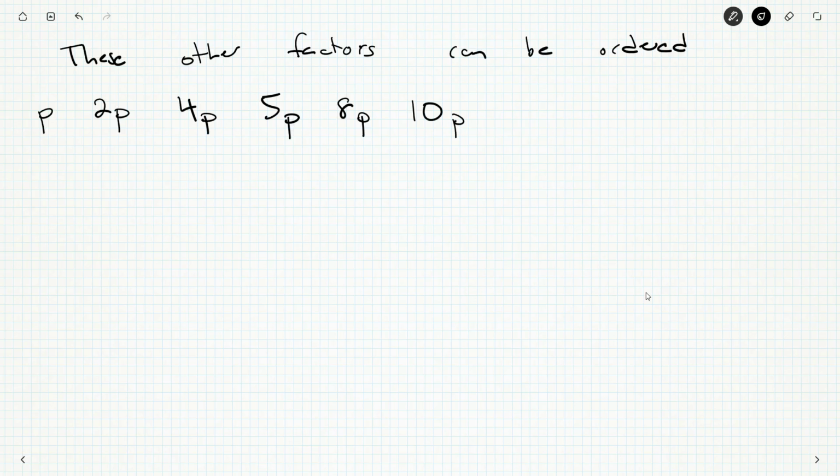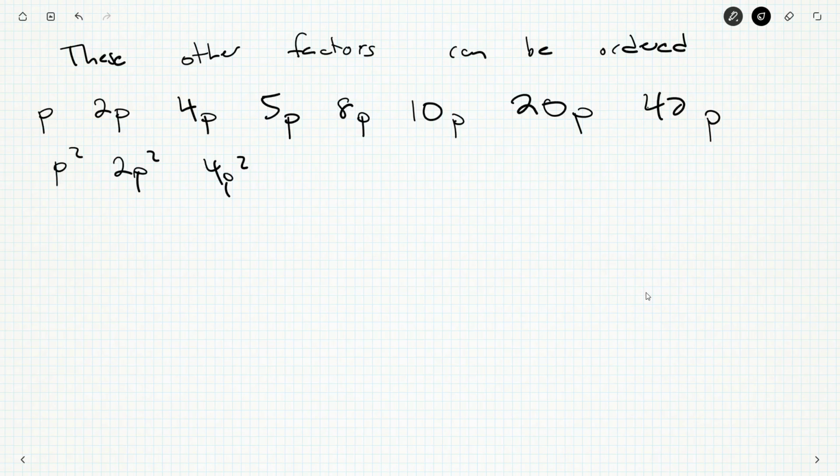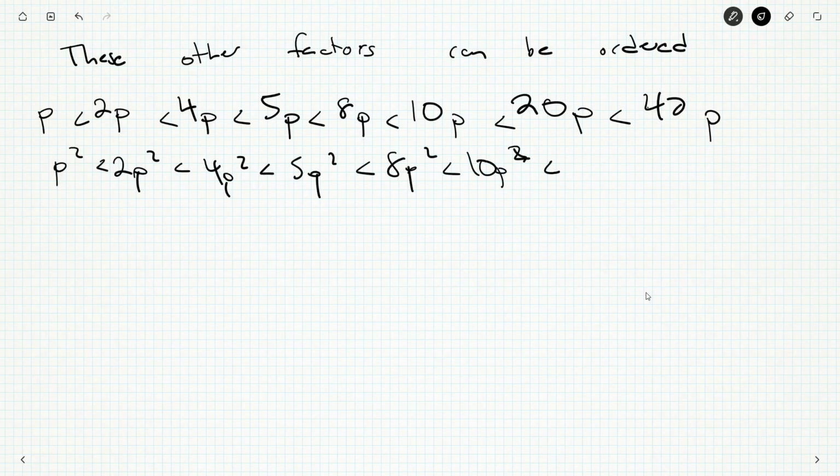Now, well, they can't be completely ordered, but we'll have 20p, we'll have 40p, and then we'll have the same thing but with p squared. And 5p squared, 8p squared, 10p squared, 20p squared, and finally 40p squared, which is the largest of everything.